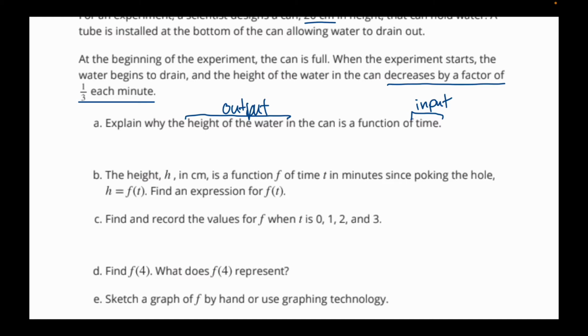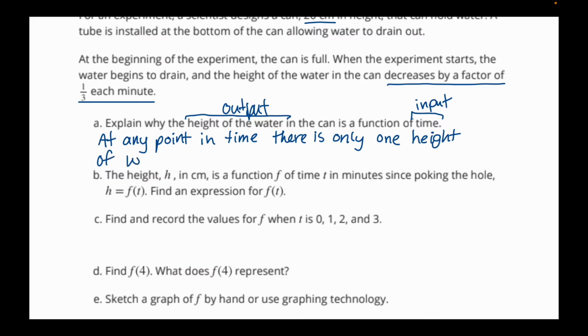We can say at any point in time, or any moment in time, there is only one height of water in the can.